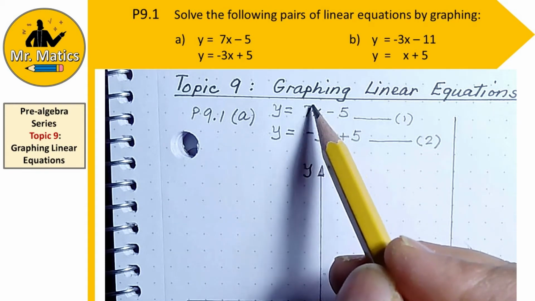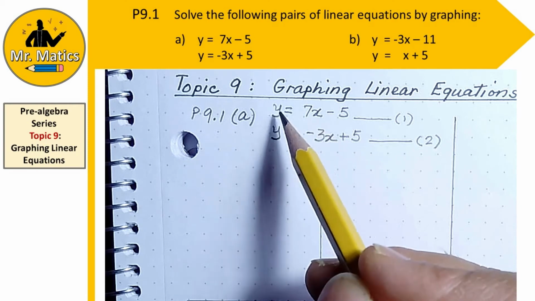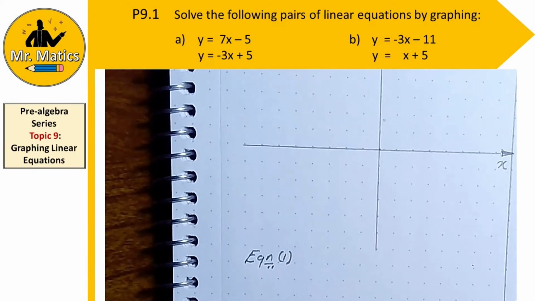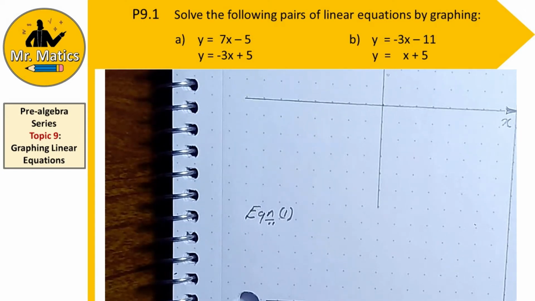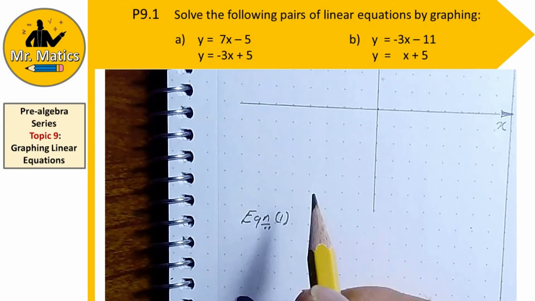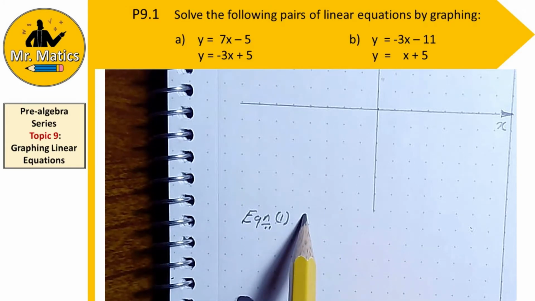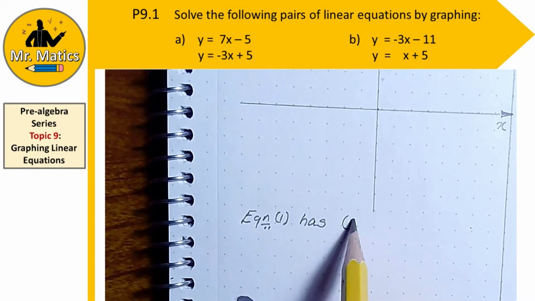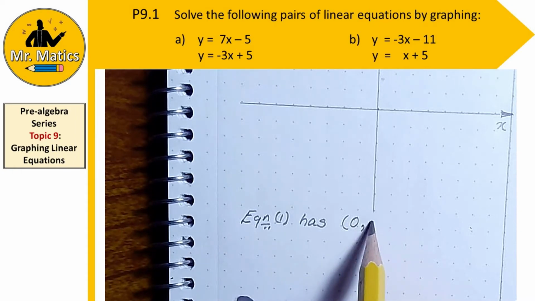If I put x is 0, then y becomes minus 5. So that means 0 and minus 5 are solutions. 0 and minus 5 are points on the first line. So we have 0, comma, minus 5.